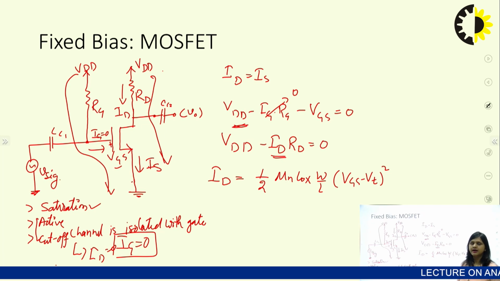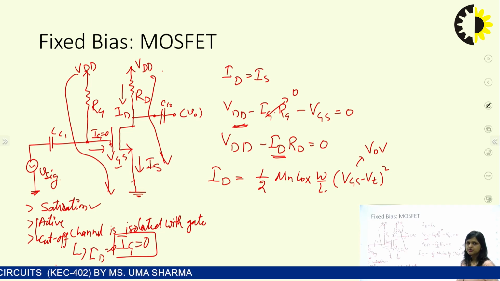So we should know the value of the equivalent oxide capacitance. W is the width of the channel and L is the length of the channel. This W by L is known as the aspect ratio, and VGS minus VT is known as the overdrive voltage, which is also represented by VOV.